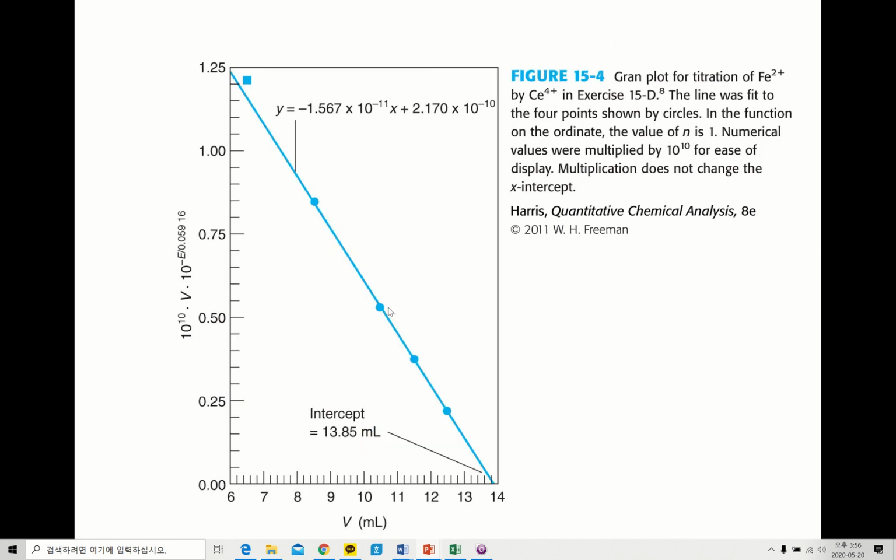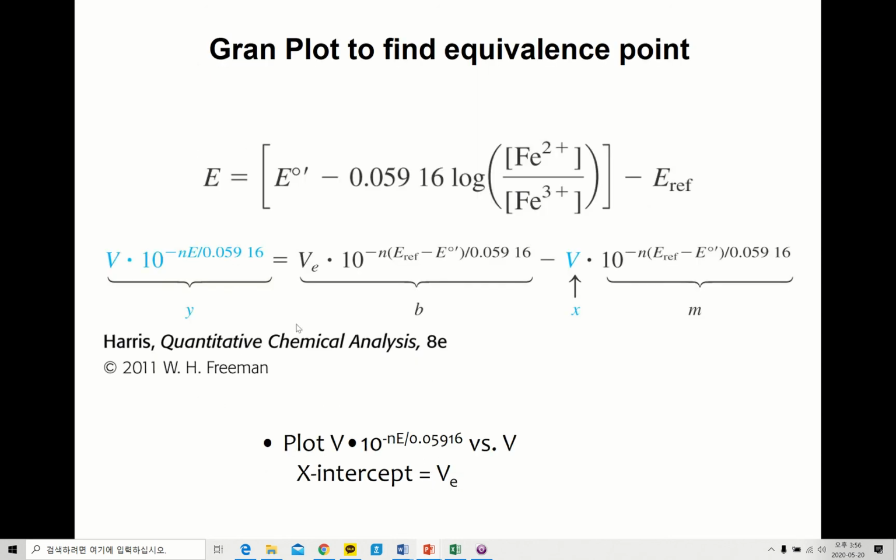When x is 0, this is the y-intercept, E0. When y is 0, this part is cancelled out and we get this part only. Then from the x-intercept, we can obtain V_E, and we calculate V times this part.